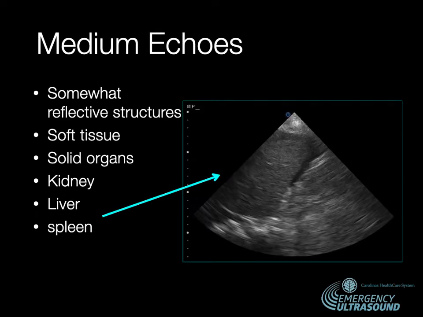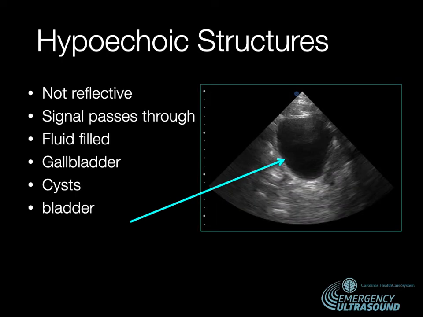Medium echoes are your somewhat reflective structures. This is going to be your soft tissue. Your solid organs, such as your kidneys, your liver, or your spleen, all give you that nice medium gray, medium echo. Then hypoechoic, or anechoic. Anechoic means without echoes, so hypoechoic is also darker or with less echoes.